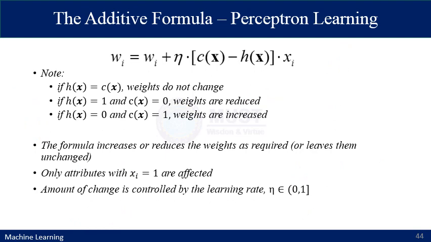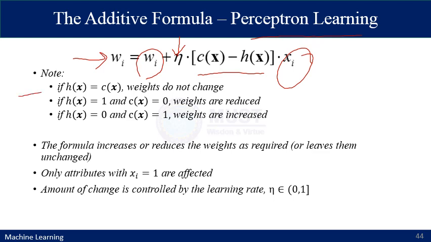This is an additive formula, and it is widely used in one of the known machine learning algorithms, which is perceptron learning. You employ a weight learning additive formula, which is the current weights added to a term of a learning rate times the difference between the actual and the predicted outcome multiplied by the input feature vector.